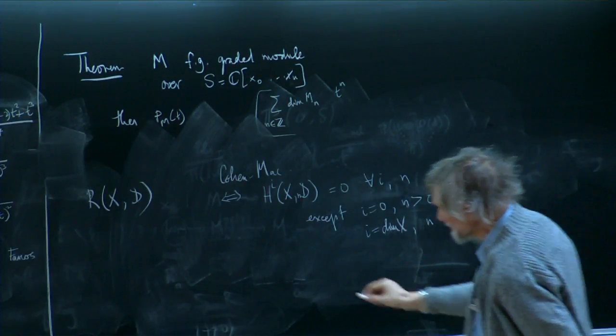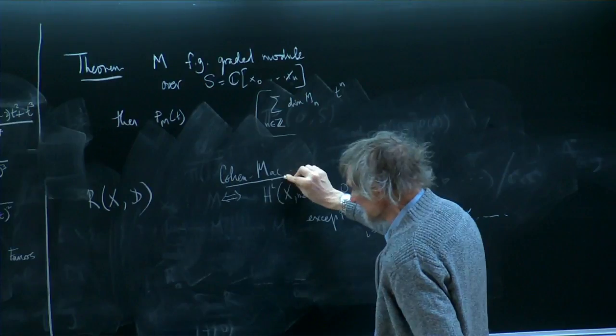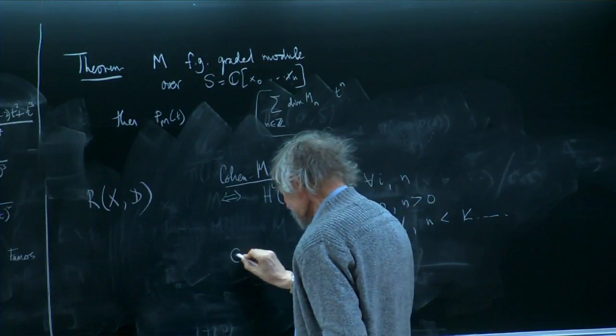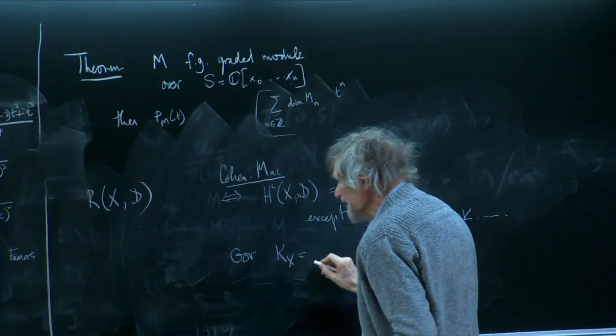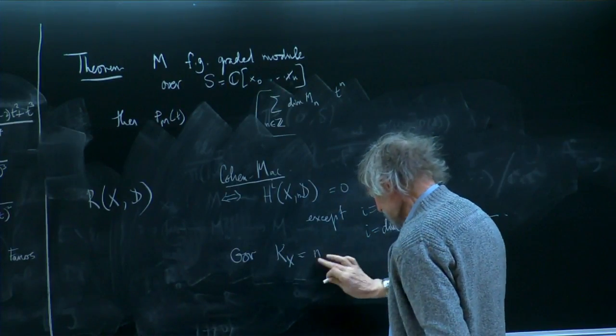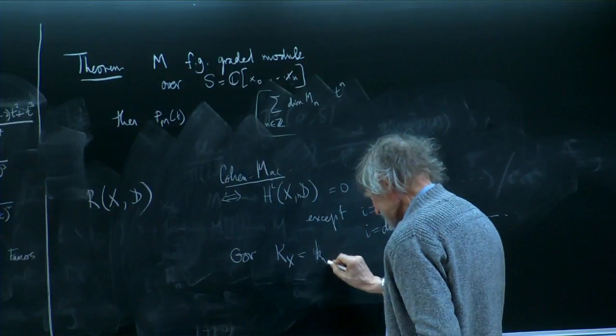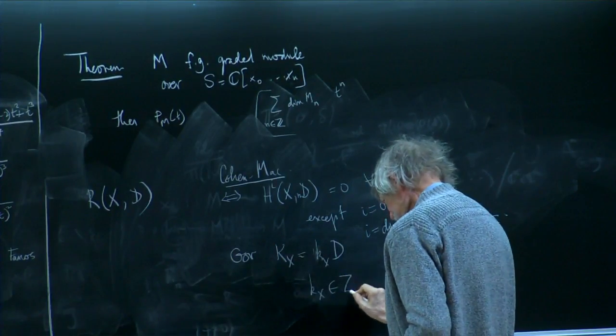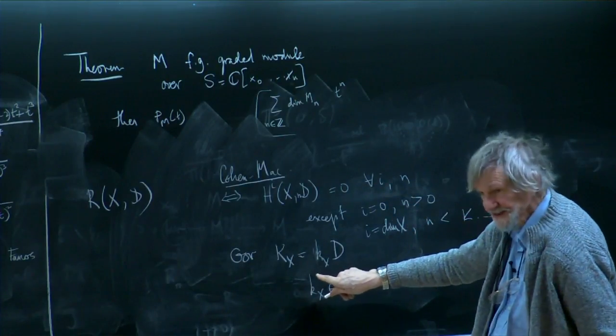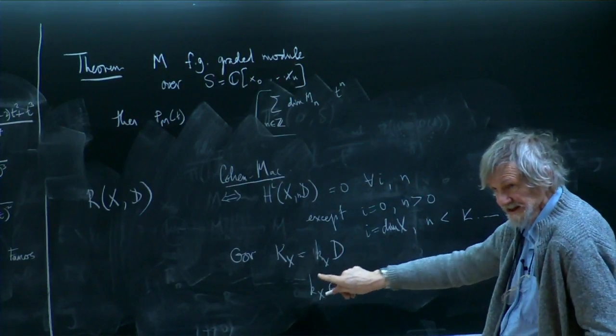Then we know the ring is Cohen-Macaulay, and the ring is Gorenstein under the condition that K_X is some k_X times D, with k_X an integer. The best case is k equals 0. That's the K3 case.